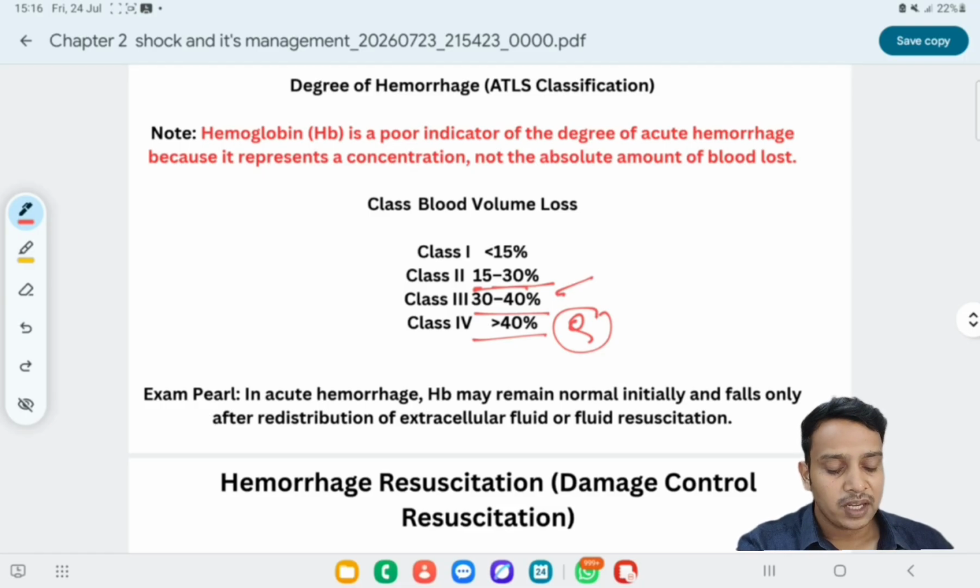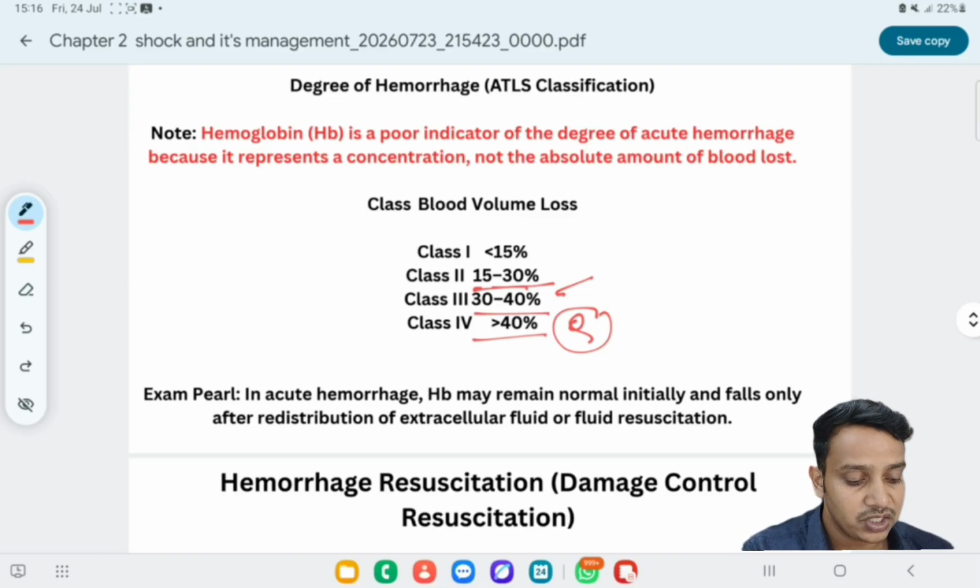In acute hemorrhage, hemoglobin may be normal initially and falls only after redistribution of extracellular fluid. Suppose you have seen a blunt trauma to the abdomen, the initial hemoglobin will be normal. Once you start resuscitation using crystalloids, hemodilution happens. And if the patient is losing blood, you have to monitor serial hemoglobin. Serial monitoring is important rather than a single spot measurement of hemoglobin.